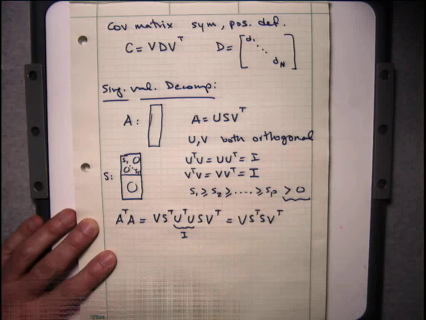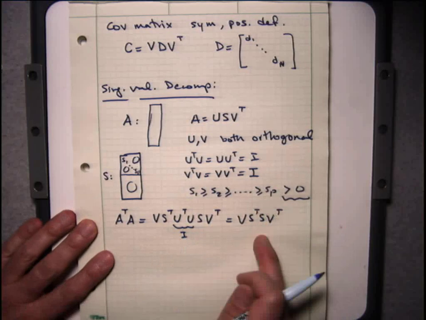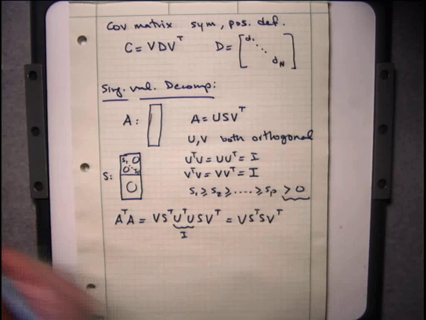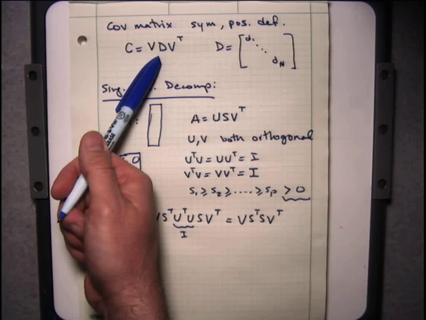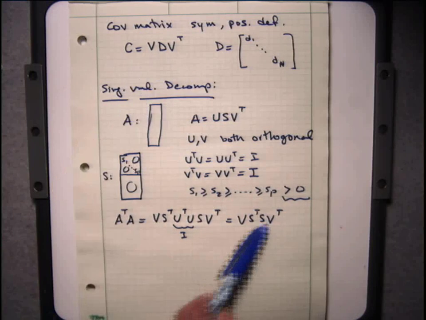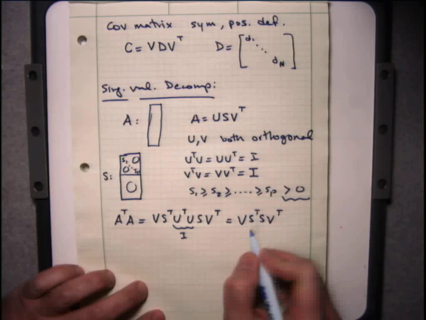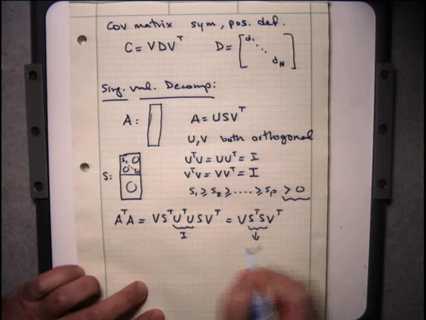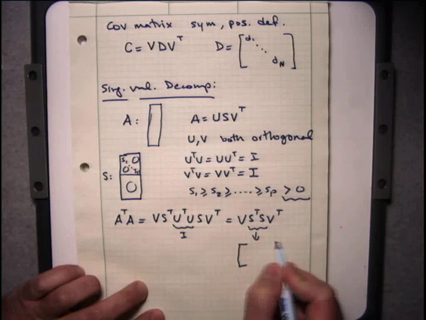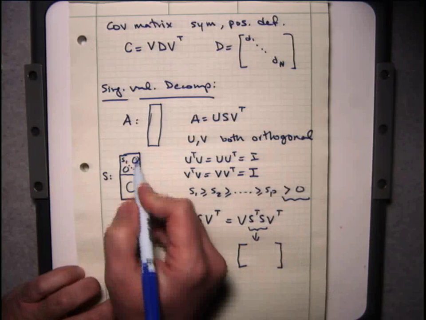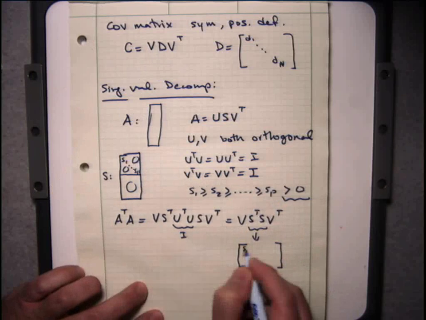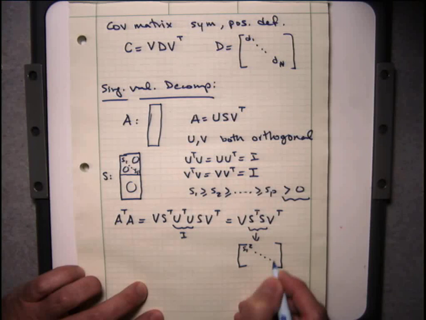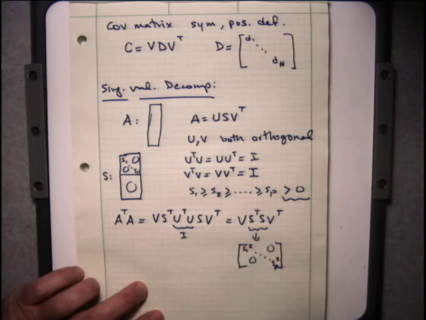Now, if you look at this, this looks very much like the eigendecomposition that we had before, except that in the middle here you have S transpose S. This matrix is simply a square matrix with the square of the singular values along the diagonal.